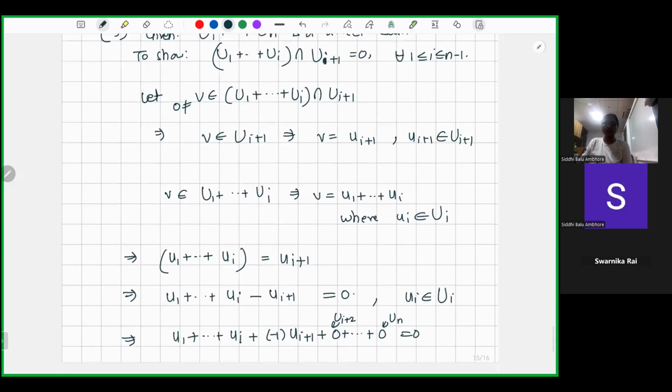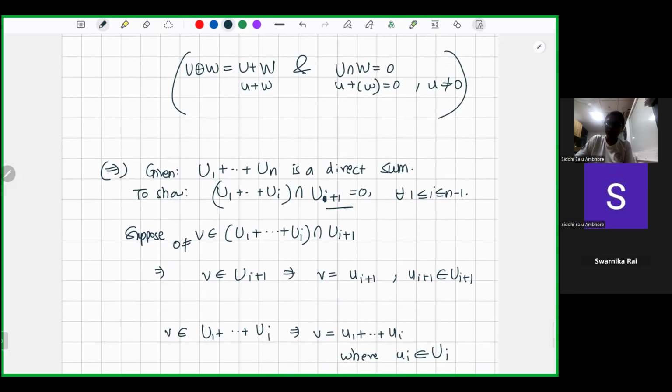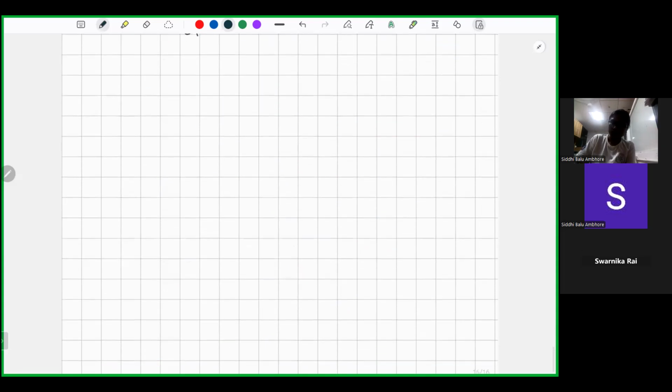Okay, so therefore our assumption that there exists some non-zero element v in the intersection is false. Therefore the intersection is 0. That's what we wanted to prove.